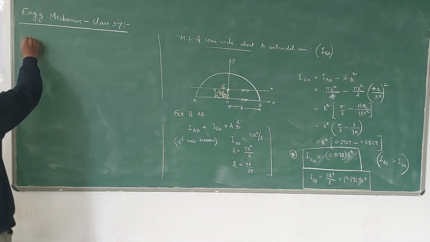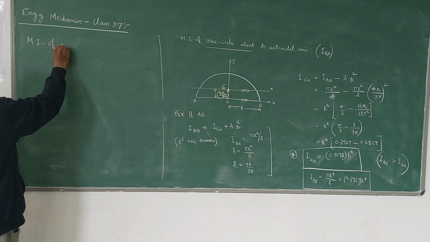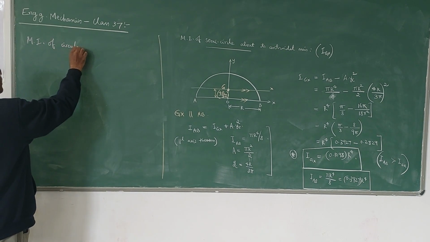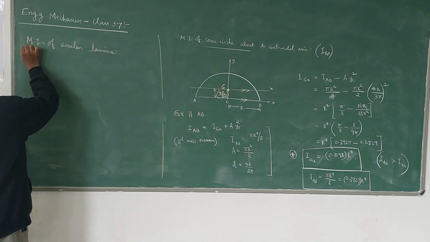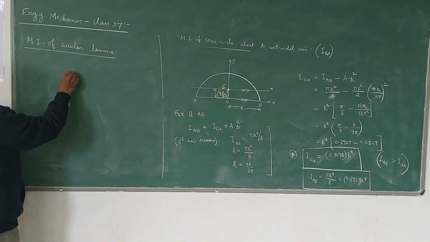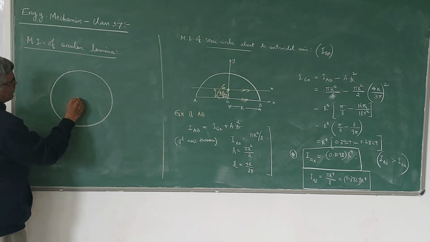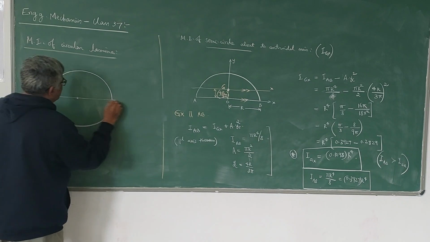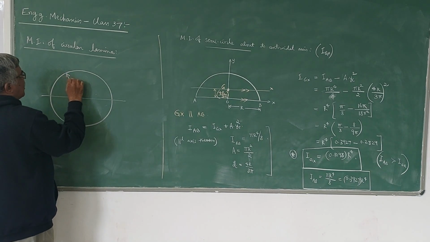So I write here MI of circular lamina. In the case of a circle, G is here, radius is R.